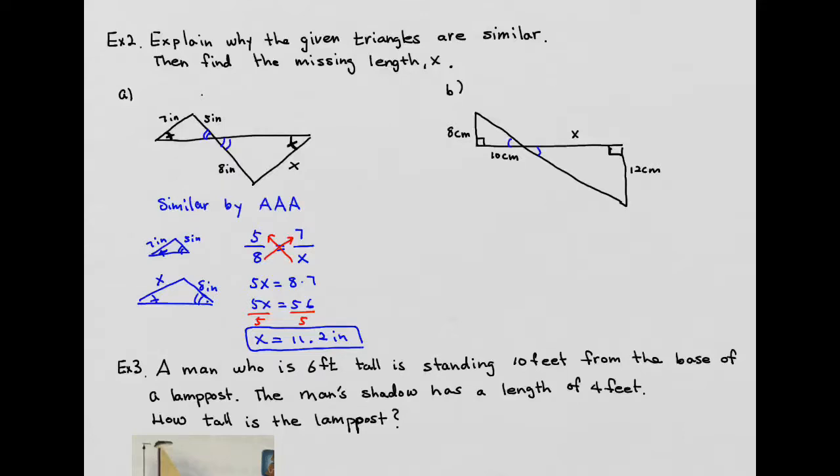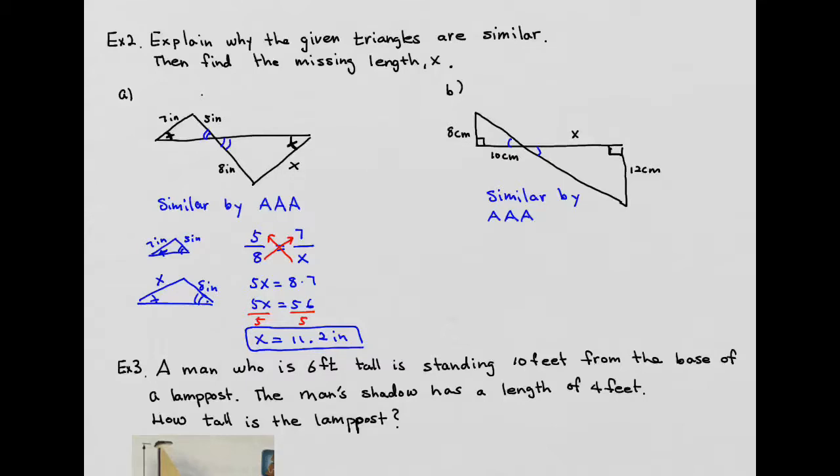That gives you the other two angles must be the same also, right? Because 180 minus two same angles, this has to be the same too, right? So for the same reason, it's similar because of three same angles.